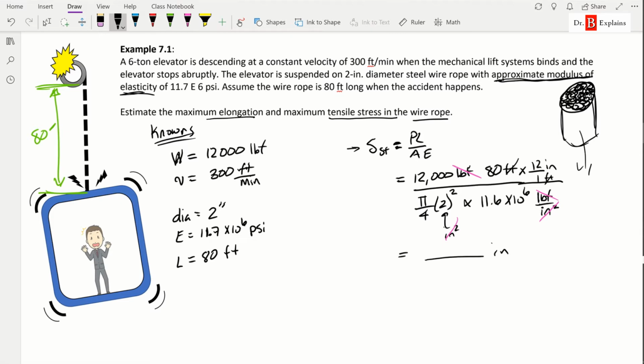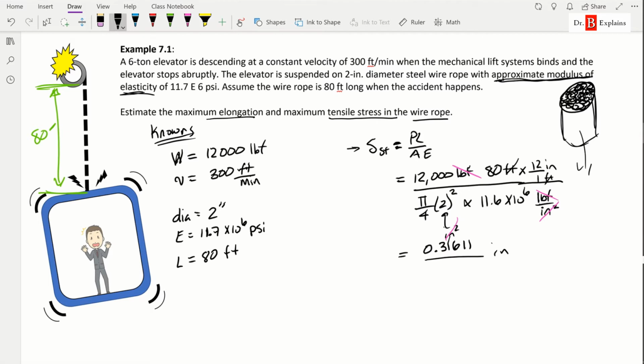So we plug all of this in the calculator: 12,000 times 80 times 12 divided by pi by 4 times 2 squared times 11.6 e to the 6. I get 0.31611. So that is the static deflection.